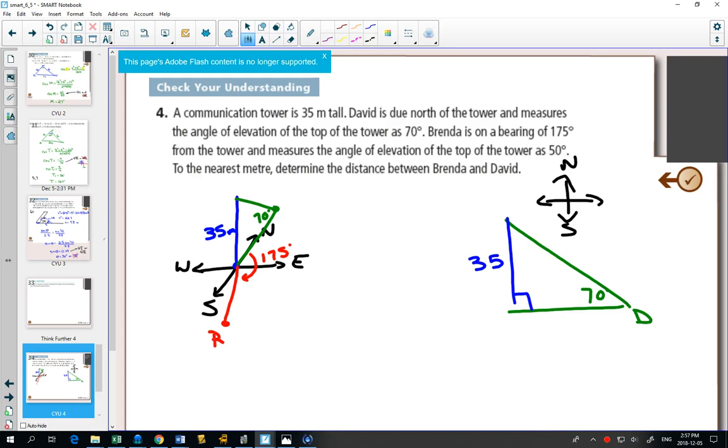I'm going to use B for Brenda, D for David. That's good. And then Brenda measures her angle of elevation to the top of the tower, this angle right in there, to be 50 degrees.